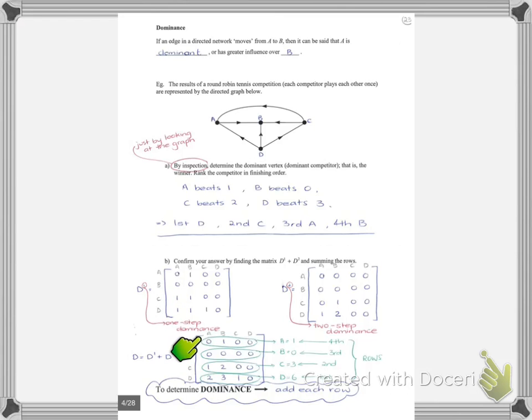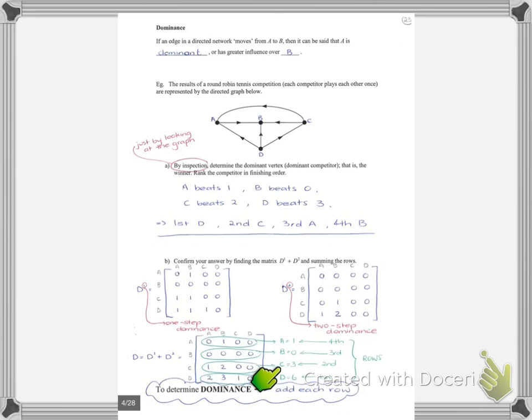Now, whereas before with reachability we added up the columns, with dominance we're adding up the rows, because what this is saying here is that A is dominant over B, and here C is dominant over A and over B. And this is again taking into account the one and two step dominances.